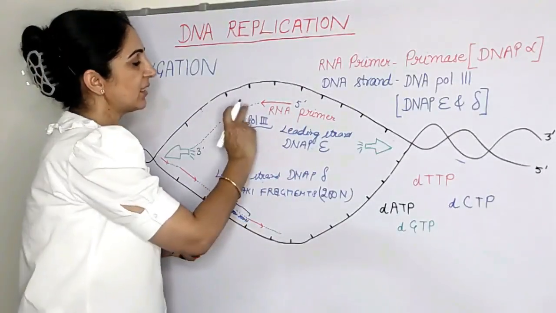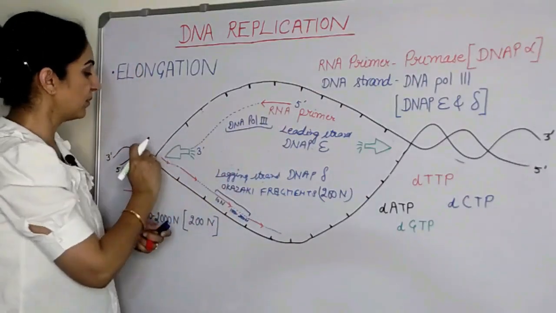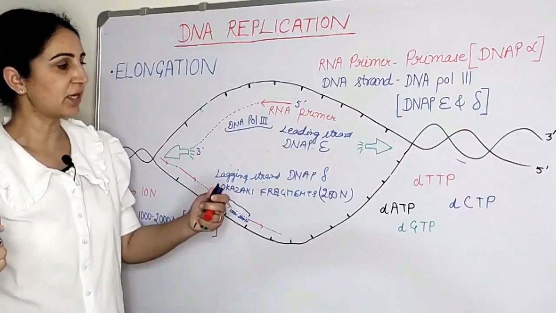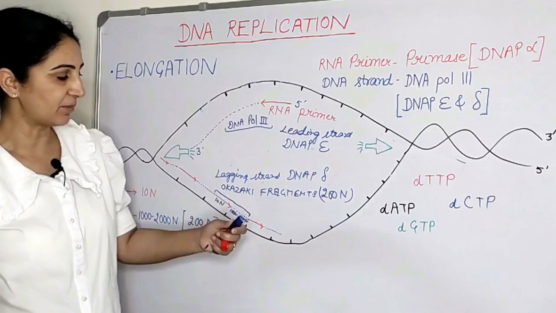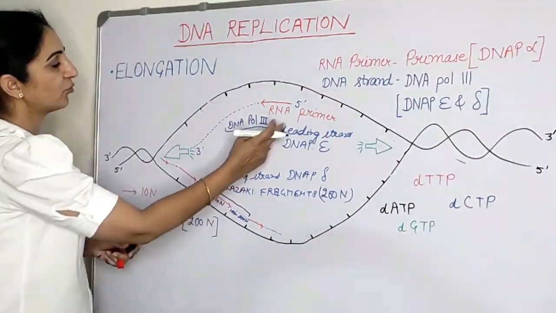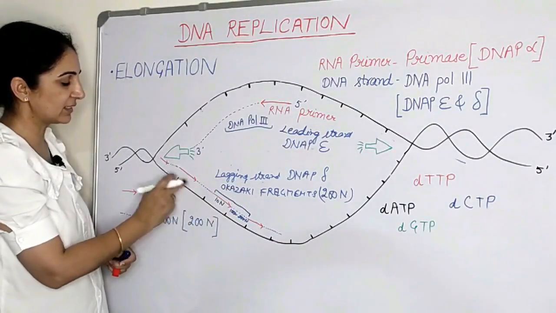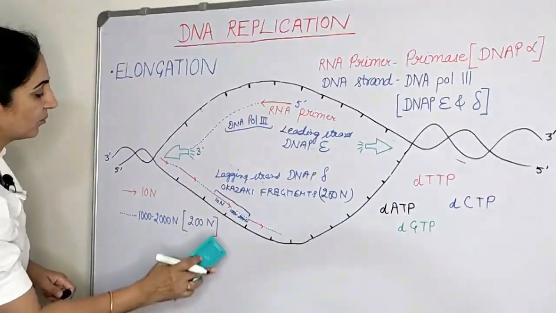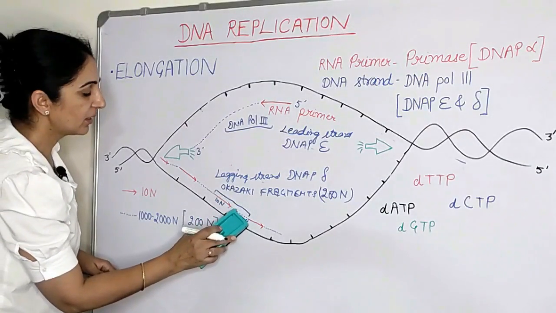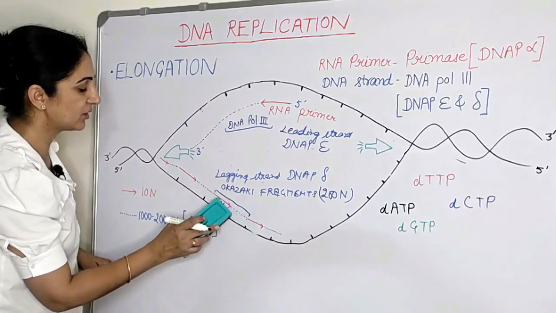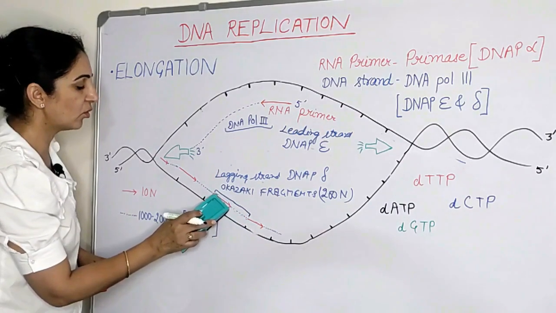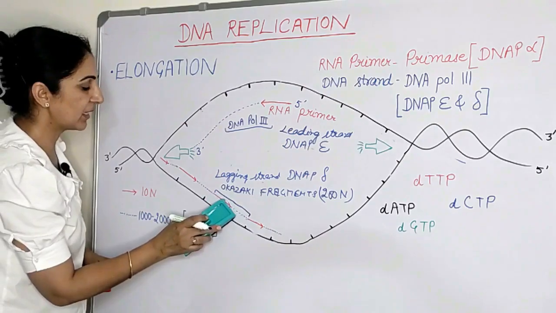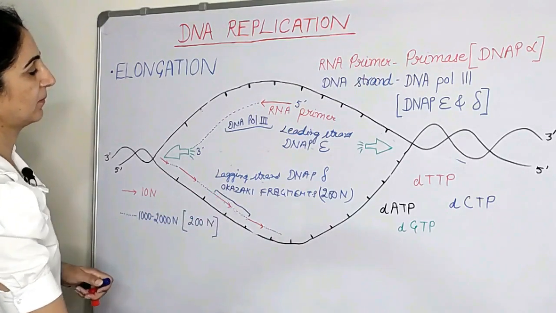As the replication is moving forward, more and more of the DNA duplex is getting separated, and you form the leading strand as well as the lagging strand. So this is how you form the two new DNA strands from the two old parental DNA strands.